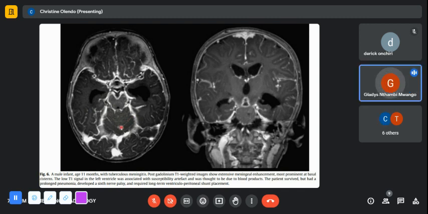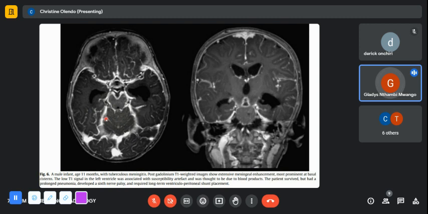How would you differentiate this from bacterial or pyogenic meningitis? I mentioned that one is pachymeningeal enhancement.